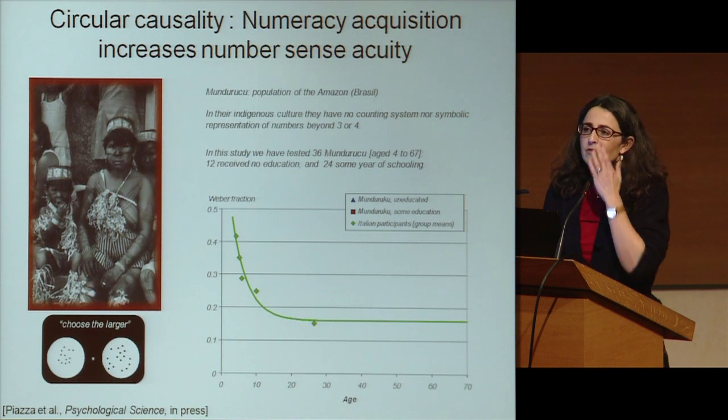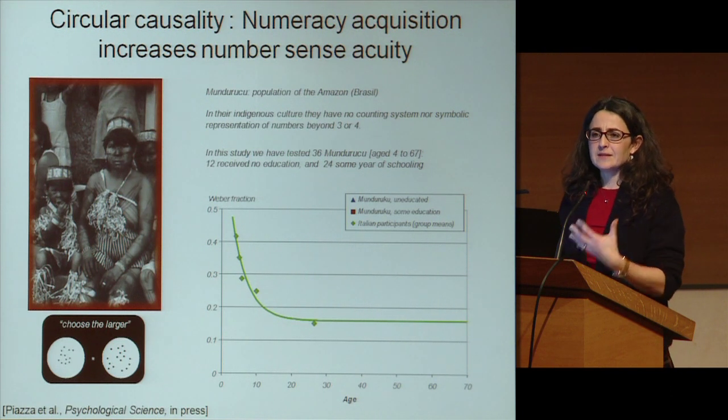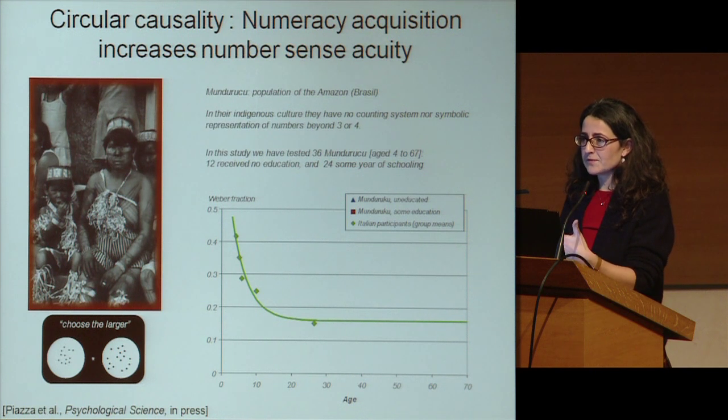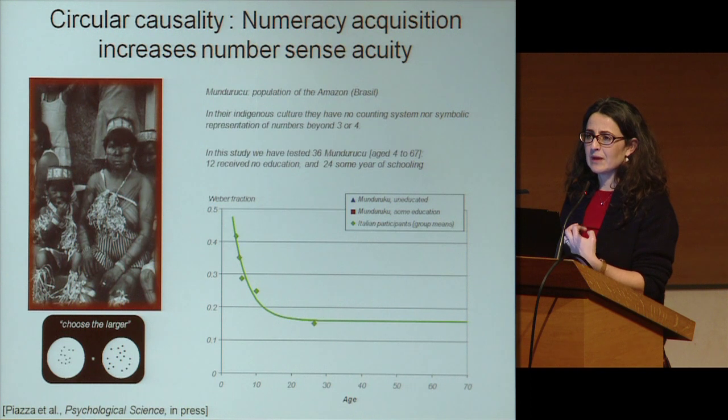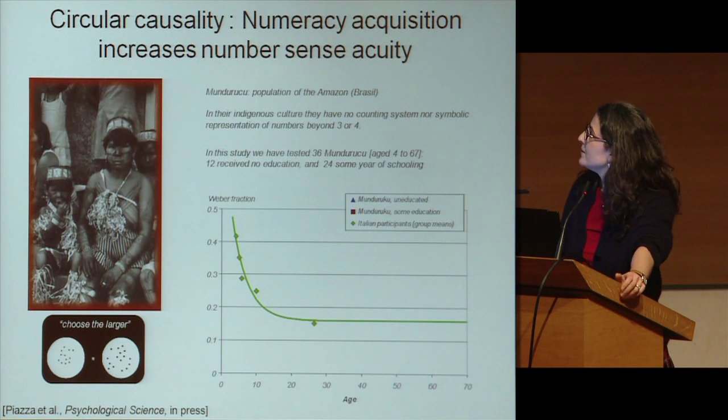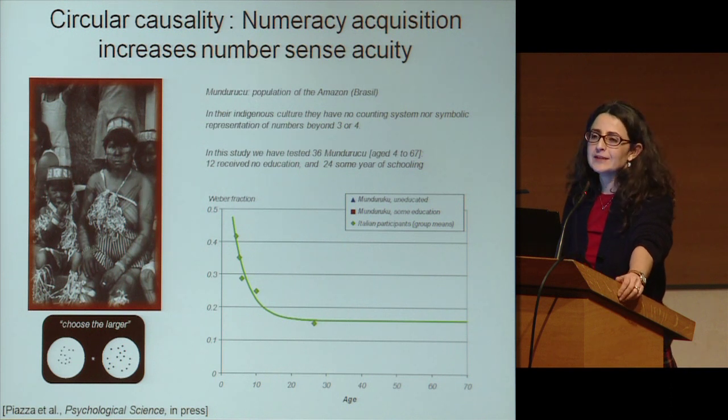However, we have also shown that not only is this number sense foundational for subsequent acquisition, but as a function of the acquisition of symbols for number, counting, and calculation, this very basic perceptual ability is profoundly changed. And we tested this hypothesis by looking at the Munduruku population, which you have already been introduced to.